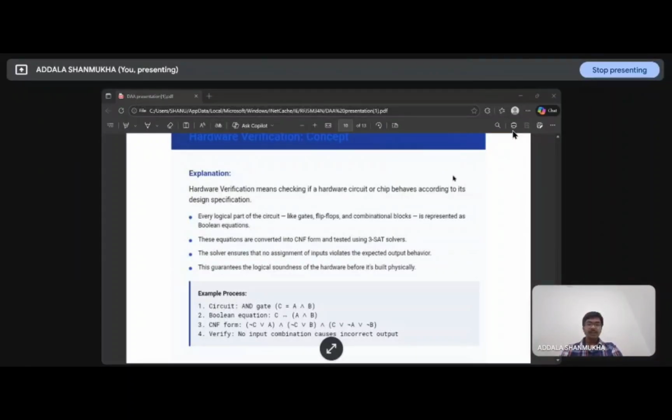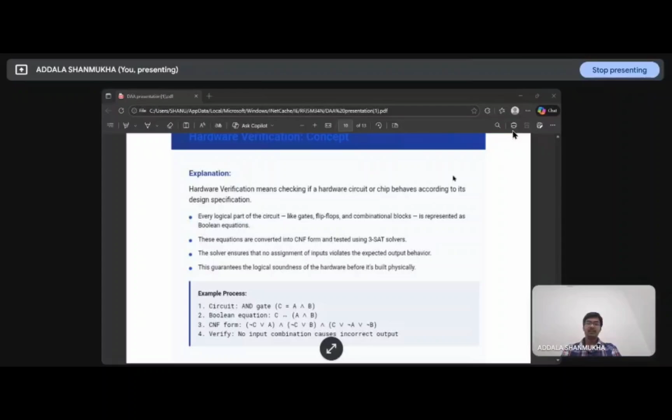Solvers use CNF because it is uniform, structured, and computationally efficient.